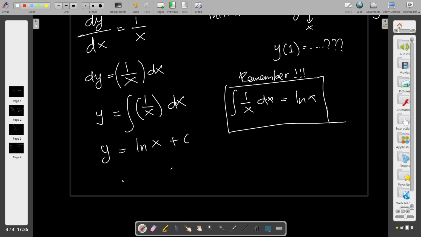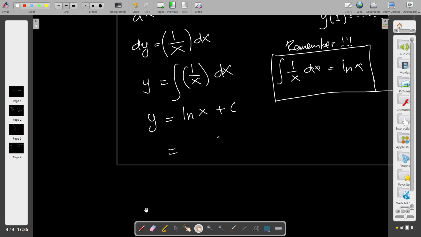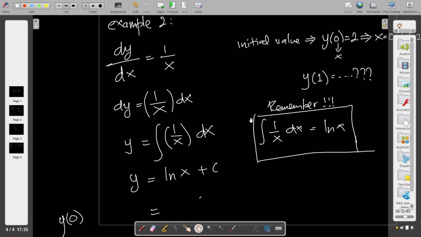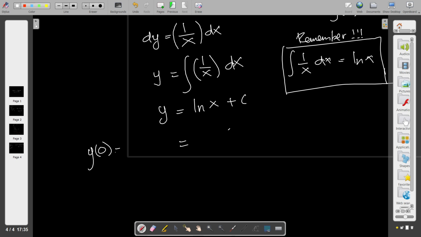So when x equals 0, y0 equals 2. So y equals ln x plus c, where our x is 0.